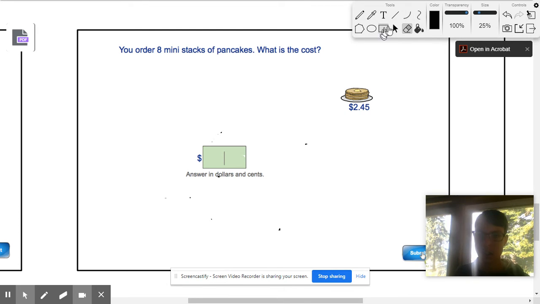What is the cost? All right, so there's a couple ways to do this. You know you have 8 of these stacks. You could literally draw or write 8 of these stacks of $2.45, and then you could add them up. Or you could do the smart way, and the smart way is using multiplication, because multiplication is just repeated addition. So we're going to multiply that by how many stacks? 8 stacks. Excellent. And that's going to give you your answer, okay?